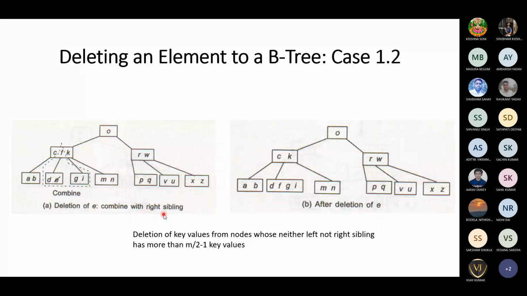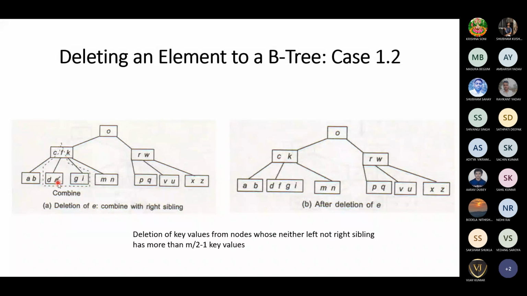Whereas if deletion of the key values happens where neither the left nor the right sibling has more than m by 2 key values, then what we will try to do is, suppose deletion of E, we are removing it here. This is order of 4.